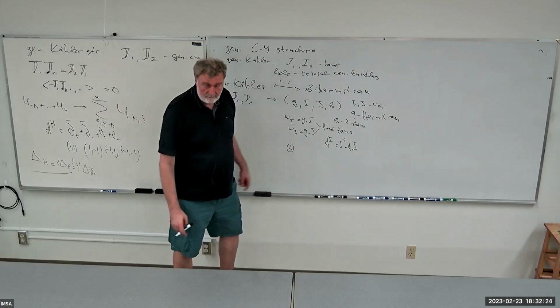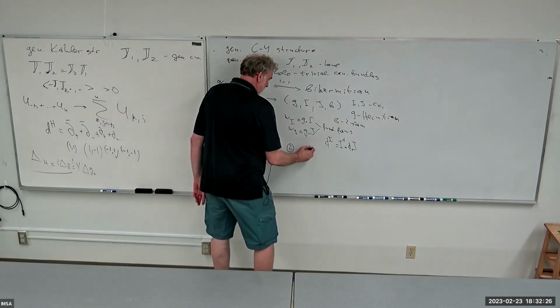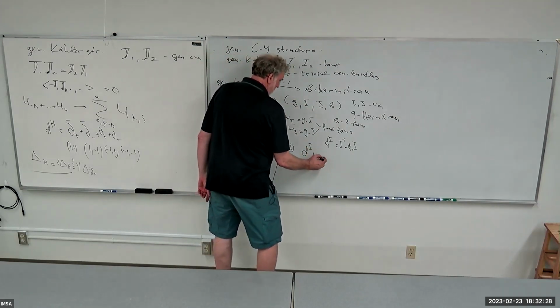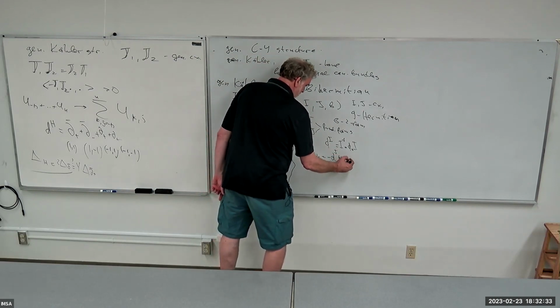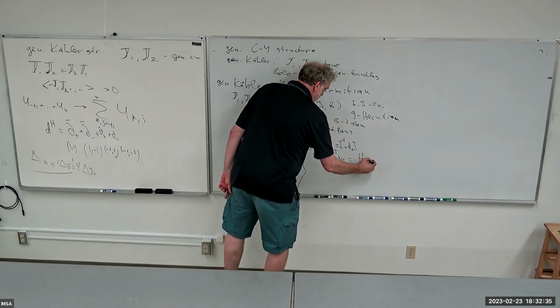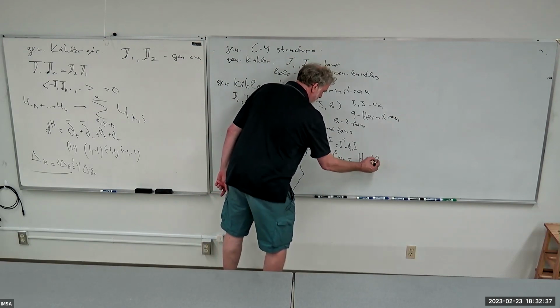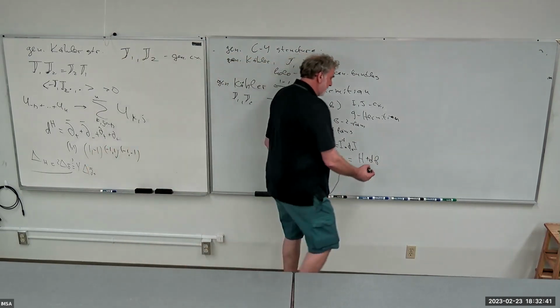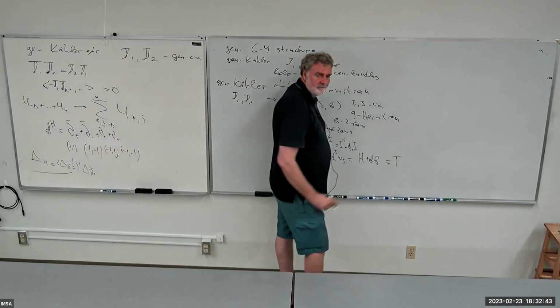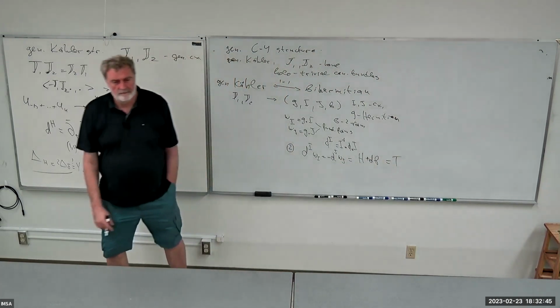The difficulty comes from that, which tells you that this d^c is minus d, it's actually H plus d^c. And from now on, I'll denote this by T, because this will be torsion.